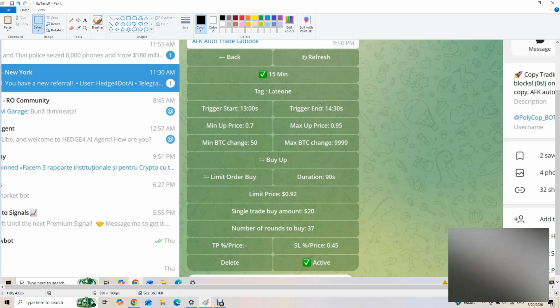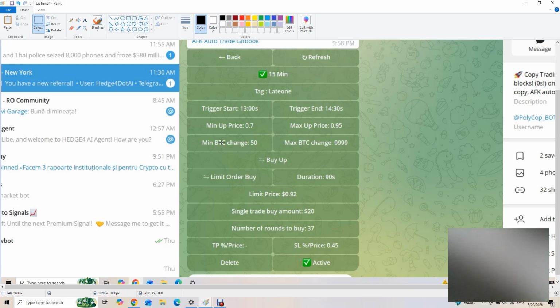All right. So the most important is that in these 90 seconds or 120 seconds, the market goes up, but the bot is cool and analyzing it, and it's mostly certain that you will win this bet. It's as simple as that. Everything is automatic.